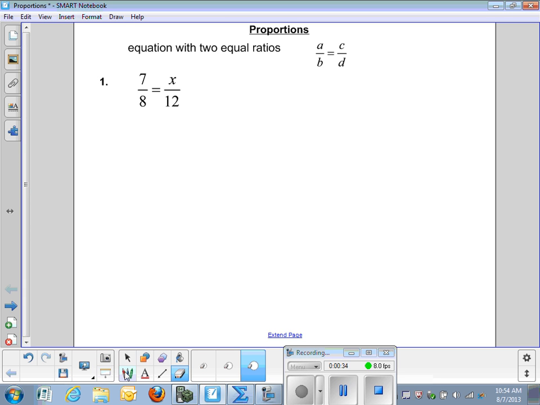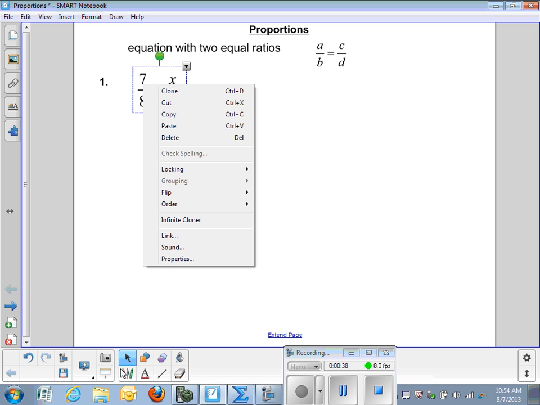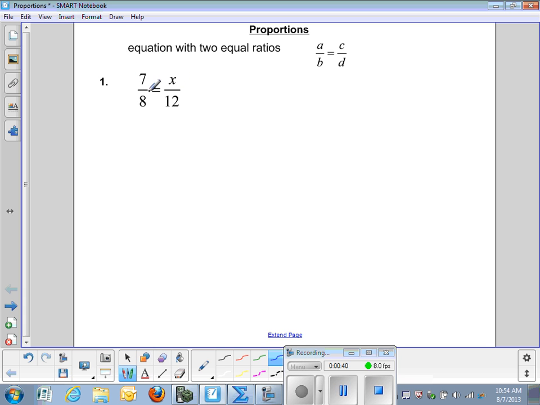7/8 equals x over 12. So we're going to cross multiply. We're going to take 7 times 12 and 8 times x.